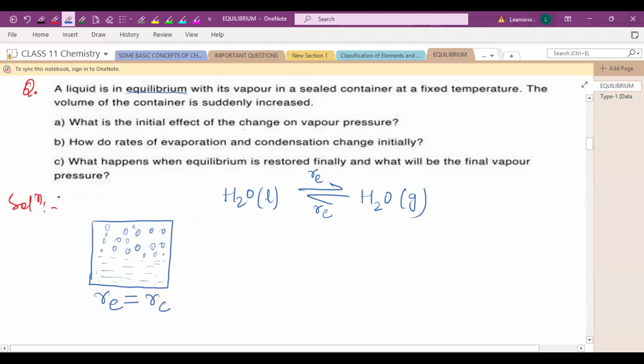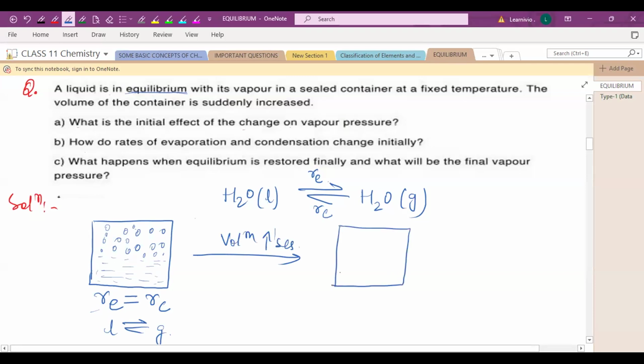Initially the liquid is in equilibrium with its vapor in a sealed container. So liquid and gaseous phase are in equilibrium. Now, after some time, what happens? The volume of the container increases. What does this mean?